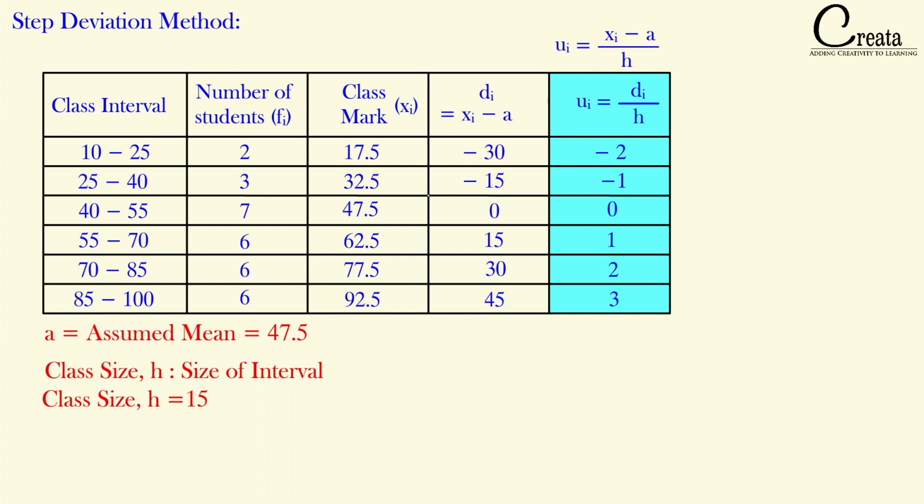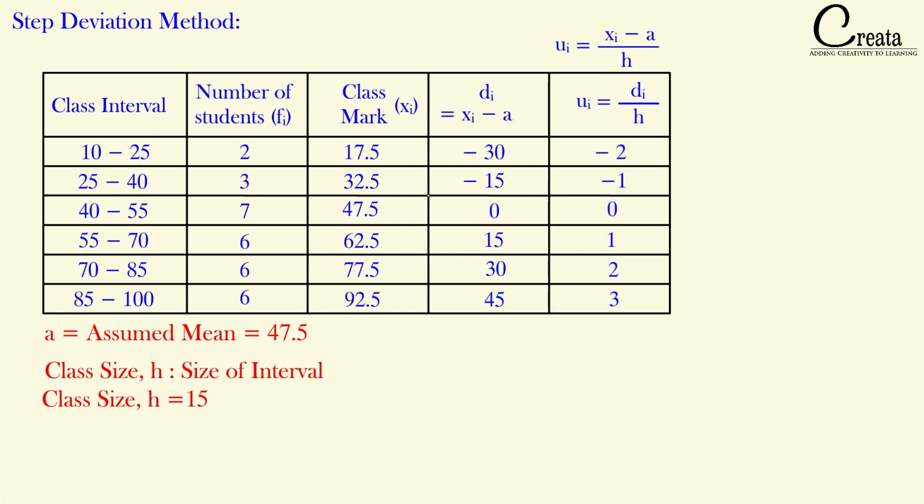So now we are going into a much simpler method, the step deviation method, in which we divide the deviations by the class size, so that we get one more column, Ui, having much simpler values. Are you understanding why we are doing this? To get much simpler values so that our calculation becomes much easier. Got it? So we got the new column, which is Ui.